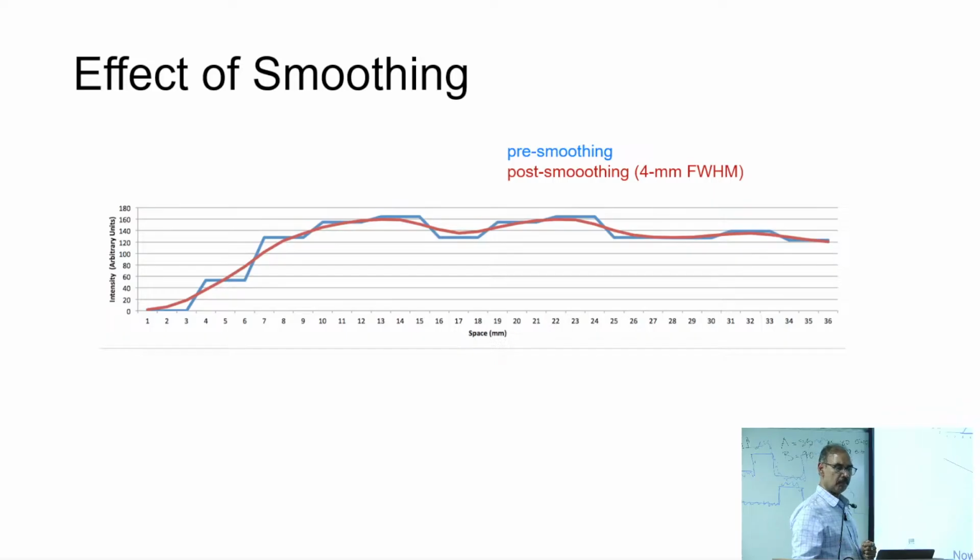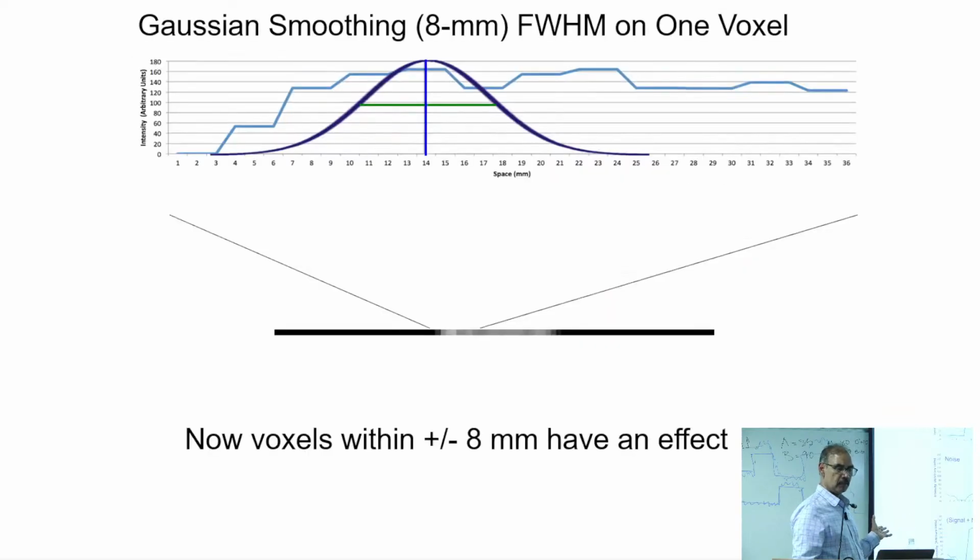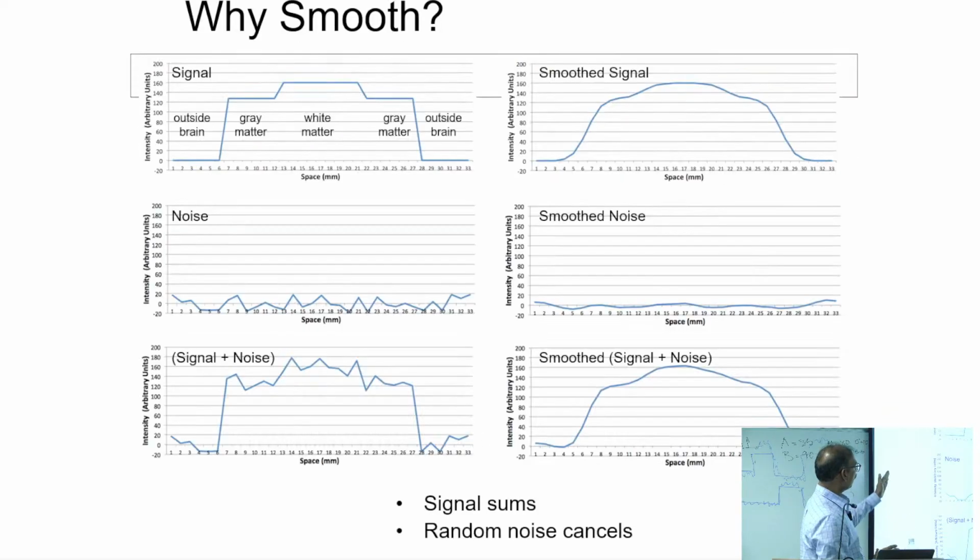Now, you can also change the effect, right? You have signal, but let's say it was gray matter, white matter, gray matter outside the brain.